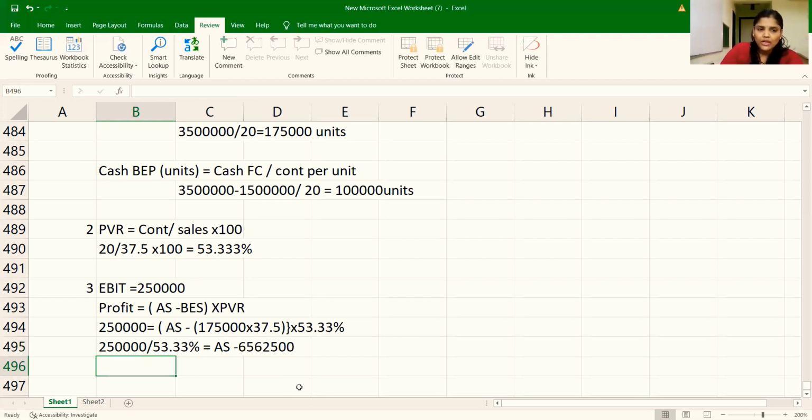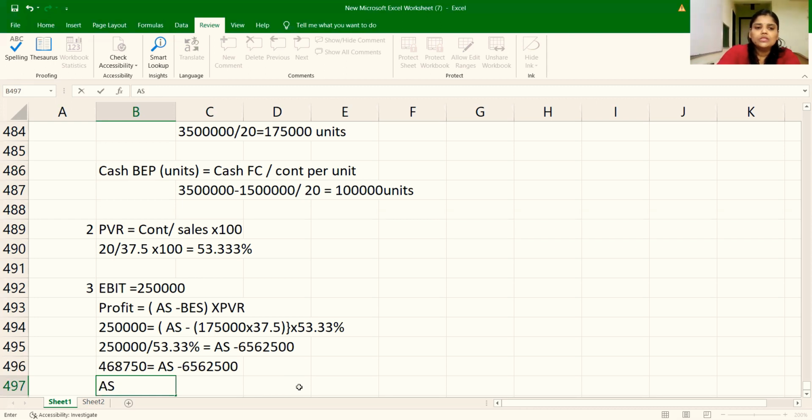Now when I divide 2,50,000 by 53.33%, I get 4,68,750 is equal to actual sales minus this break-even sales, 65,62,500.